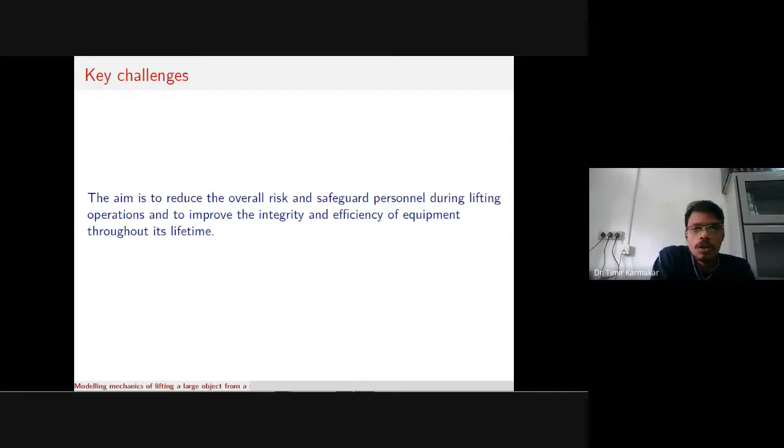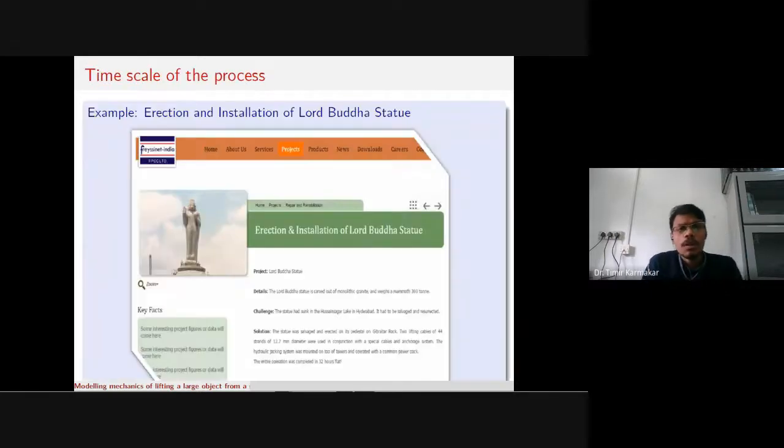For example, this is the Lord Buddha statue that was recently salvaged from the seabed. This took place in Hussain Sagar Lake, Hyderabad. The breakout time in this process was 32 hours.